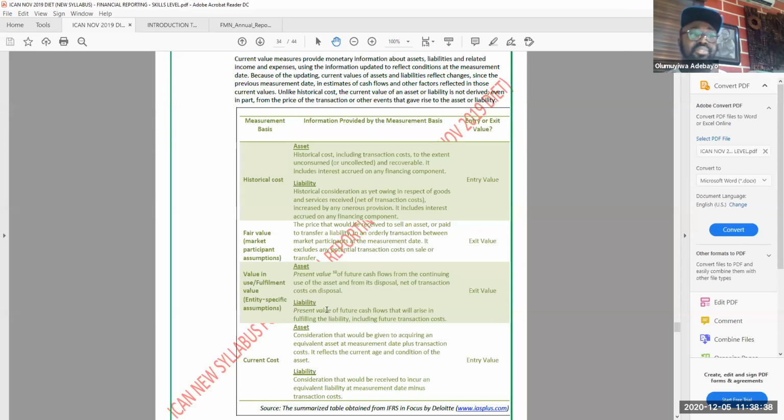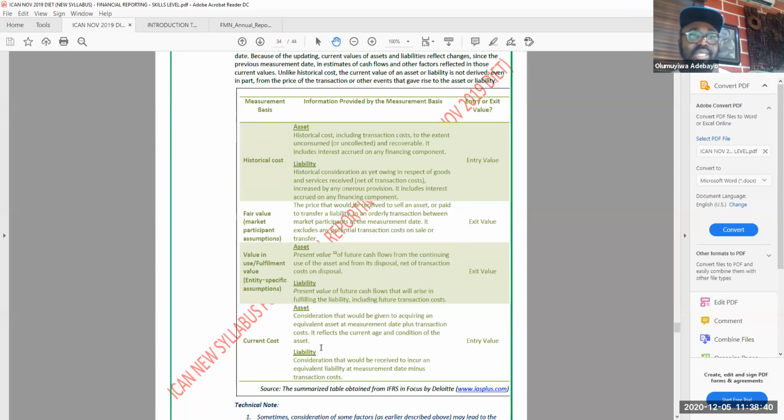Your liabilities. While current cost, for an asset, I've told you whether assets or liabilities are entry value, which means what you have to pay to buy a new asset in similar condition with the old asset you are replacing, and for a liability, what you receive to incur an equivalent of your existing liability in today's time.